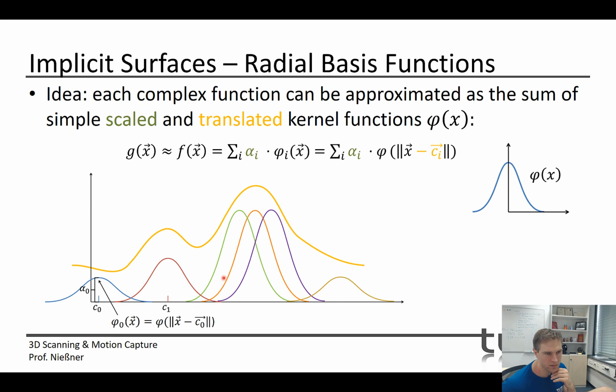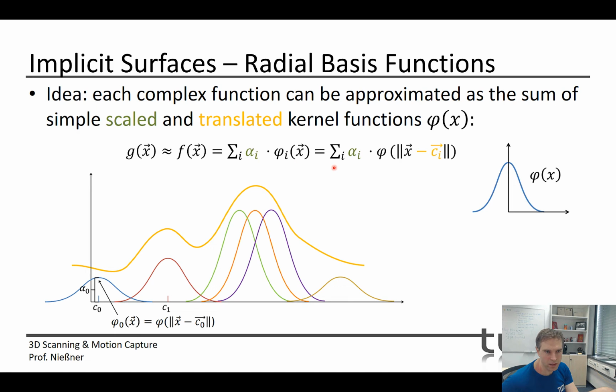Okay, so what you can do here is you basically have a bunch of these basis functions. And now you scale each of them and you translate each of them, right? So here you have the actual curve G. This is our complicated function that we want to approximate. And the way we want to do it is we have a sum of alpha i times the respective basis function i of x.